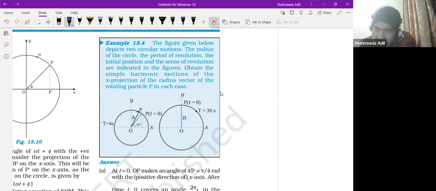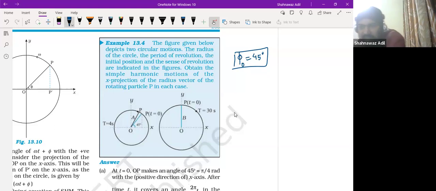So phi naught is how much? 45 degrees, right? This is your P at t equal to 0. So your phase constant is this thing. Is it clear? Yes, sir.